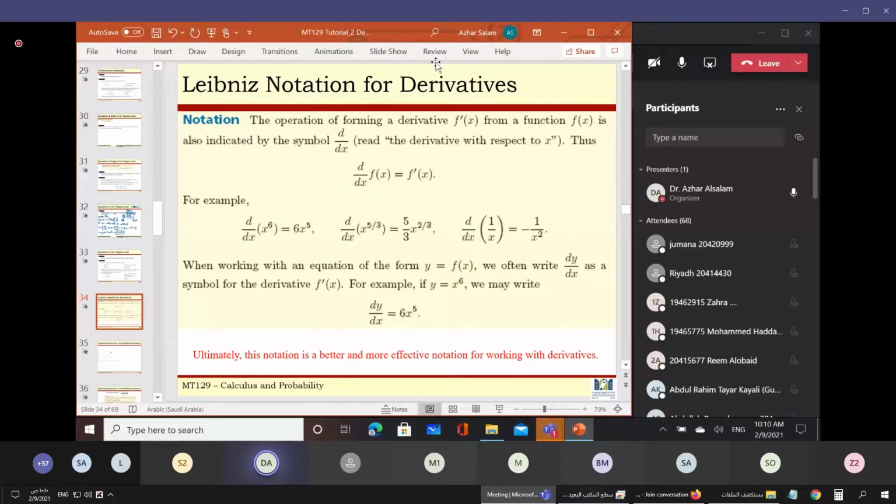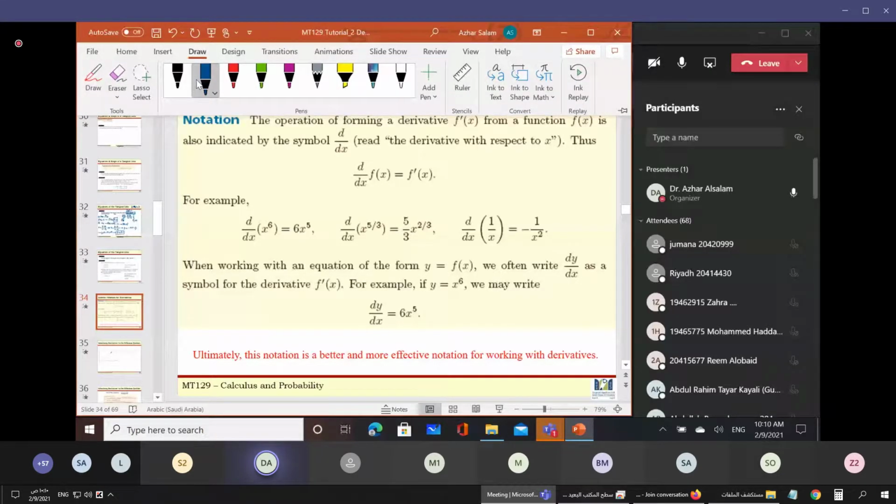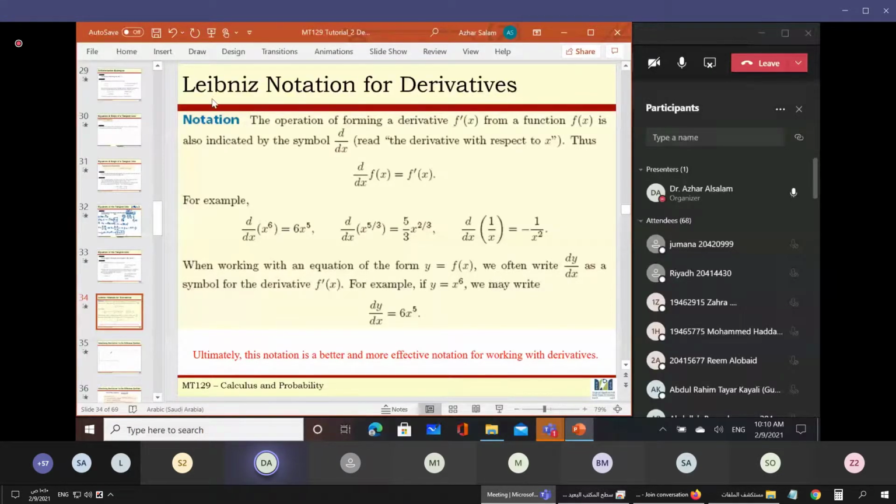Now for some notations used for differentiation. Here we said that I can write f dash of x as a derivative, and I can also use this notation d by dx of f.